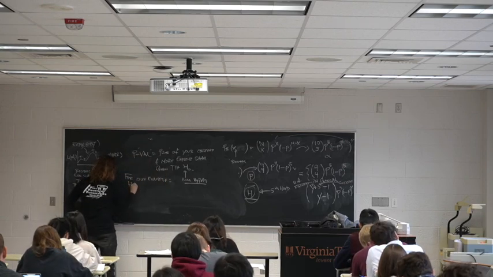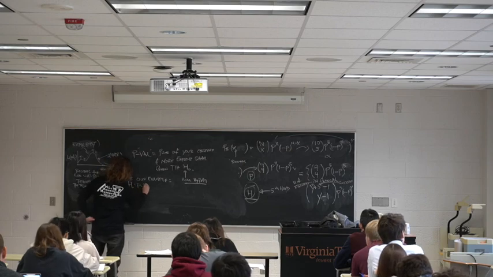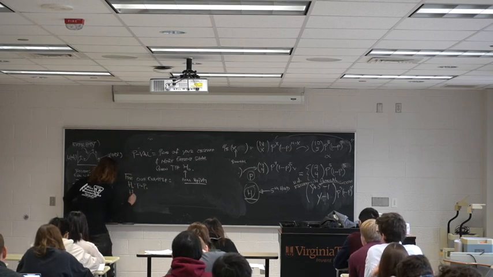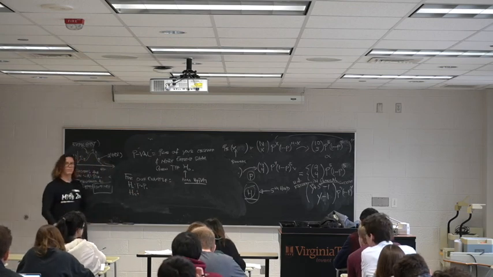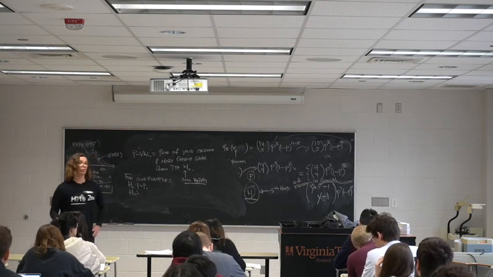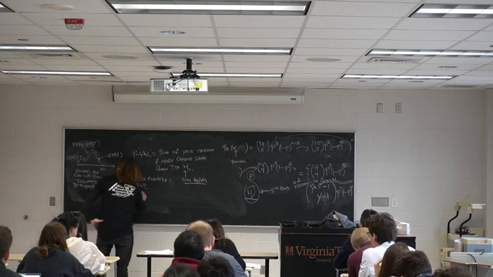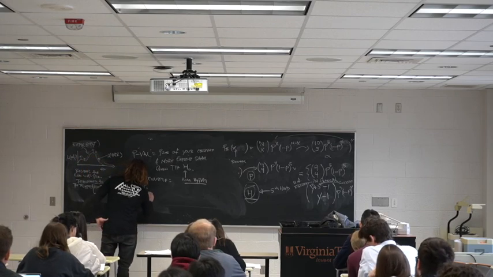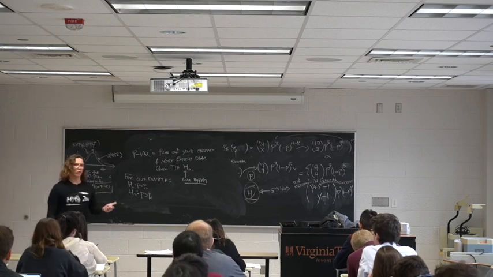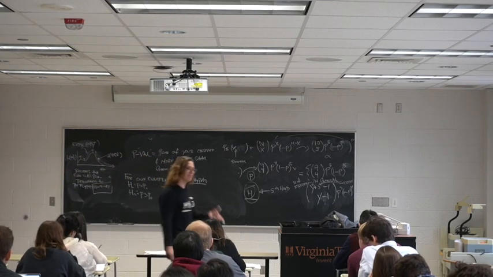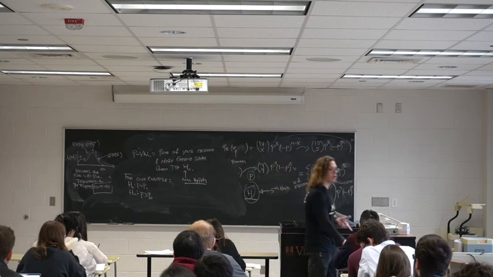H naught is going to be p equals p naught. And H alternative, you always set up an alternative so you know which tail direction to sum over. I'll pick one arbitrarily. This is not the sharp null test right here. This is the one-sided test.